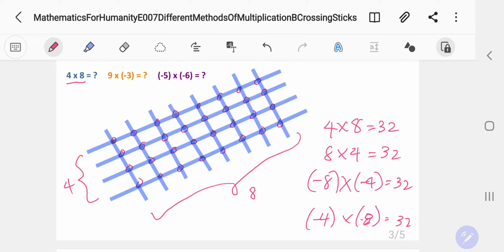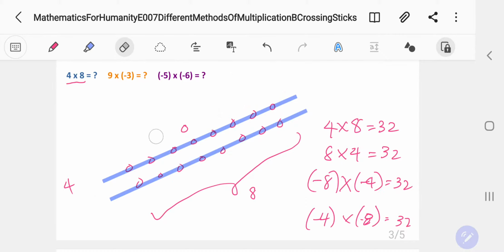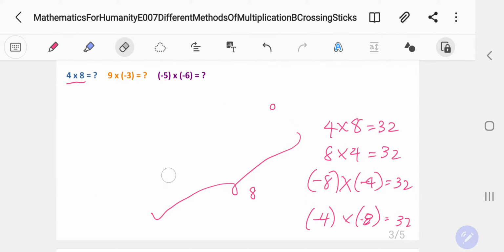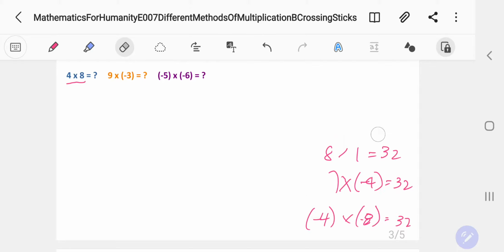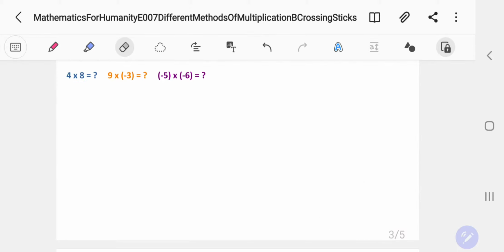So next example would be 9 times negative 3. So let's erase this. So this is 32. How about 9 times negative 3? So let's draw lines again.